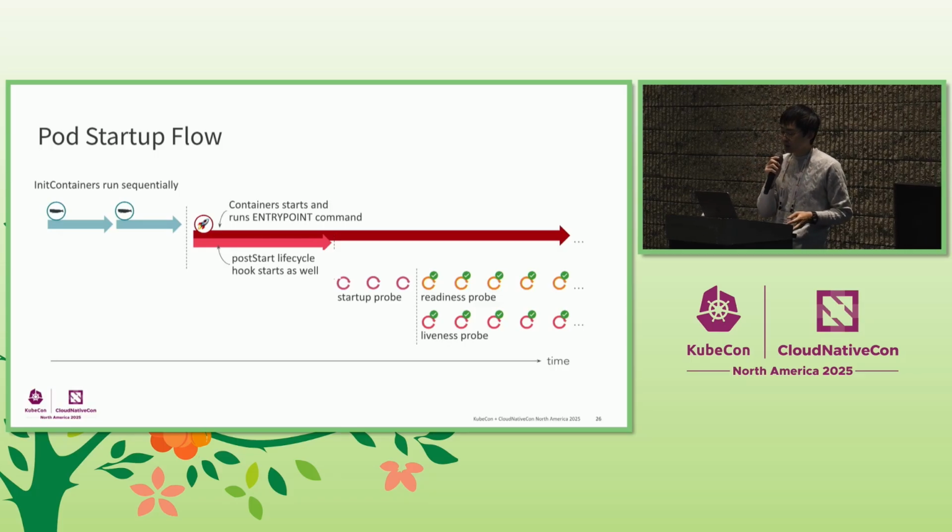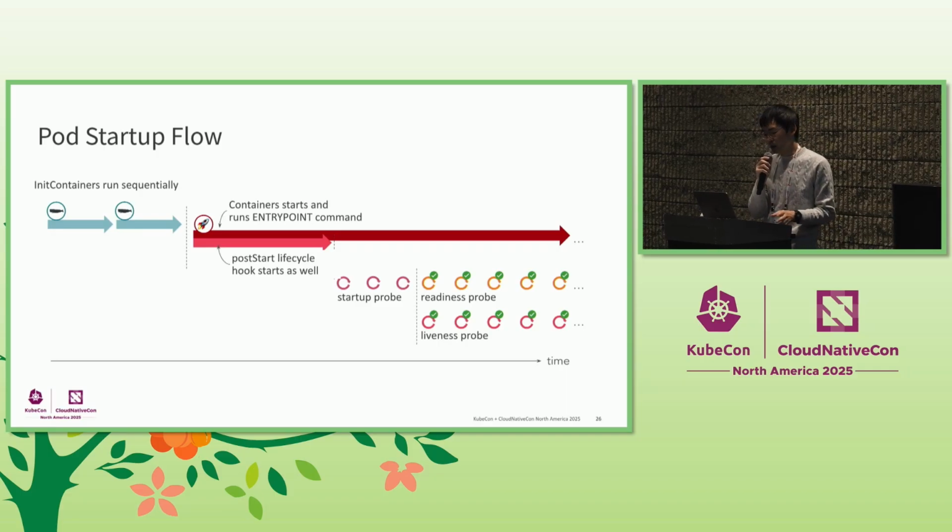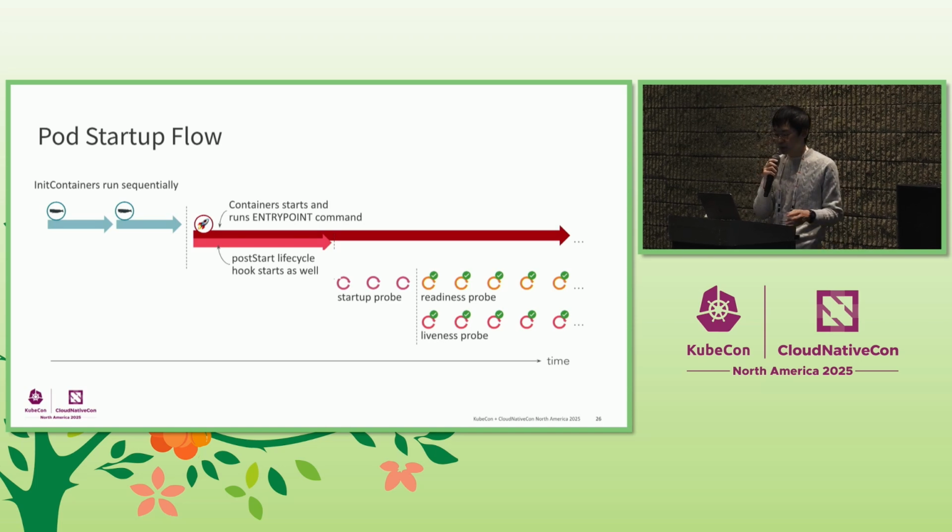After that, the main container is started and the post-start lifecycle hook is executed at almost the same time. When the post-start hook finishes, then the startup probe begins, and if it succeeds, readiness and liveness probes start.